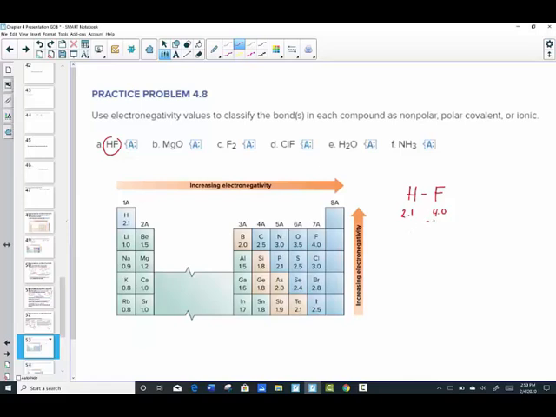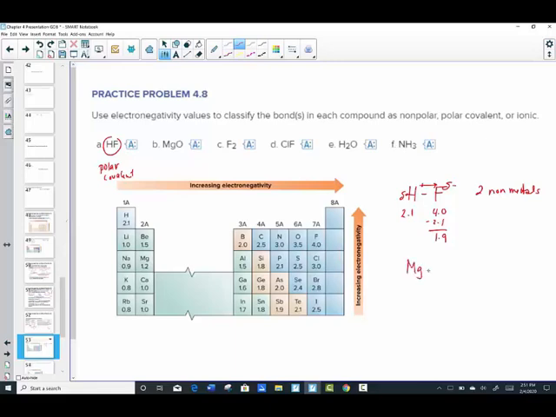When I subtract, I got 1.9. We called that a polar covalent bond. Hydrogen is left partially positive, and the fluorine is partially negative. But we knew it was covalent because it's two nonmetals. Nonmetal to nonmetal makes a covalent bond.